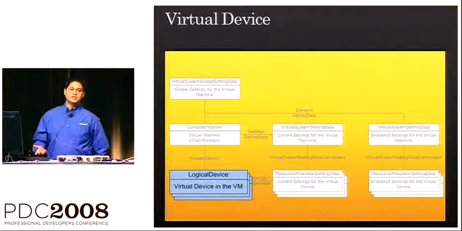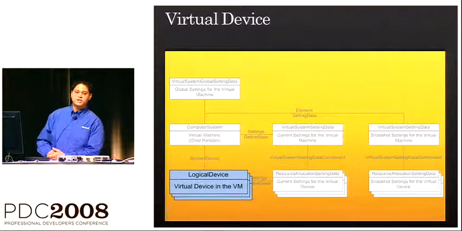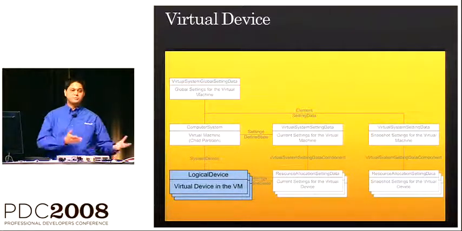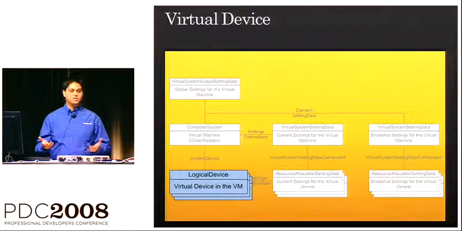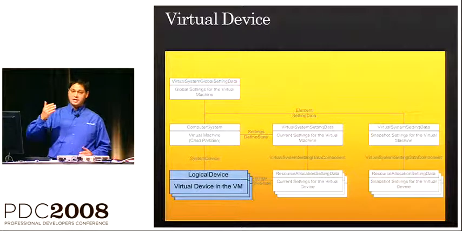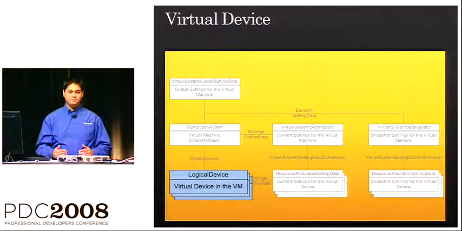Next, we have the logical device. Logical device objects describe essentially the virtual devices running inside of that virtual machine. You'll have one device instance that describes every single device inside of your virtual machine.